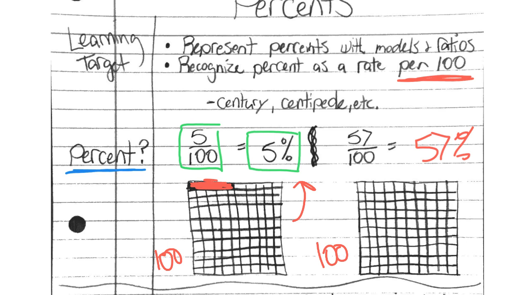Now, when we look at a model, it would be smartest for us to not just pick random squares in here. It would be easier for us to count if we did this with our thinking caps on.